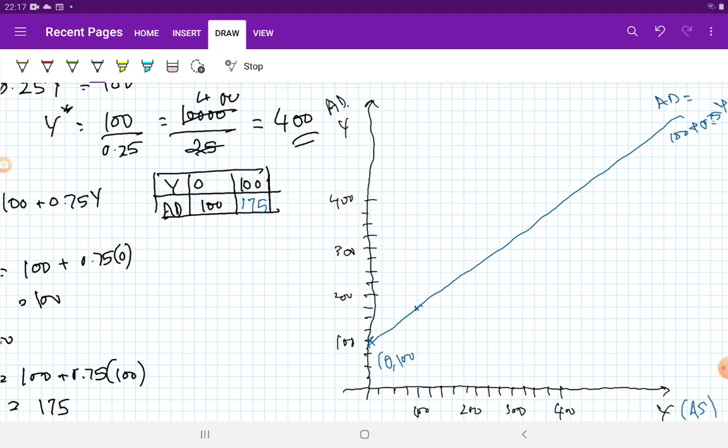So the 45-degree line would be something like joining 200, 300, and 400, right?